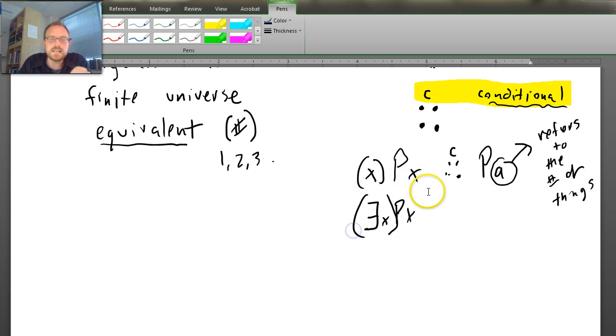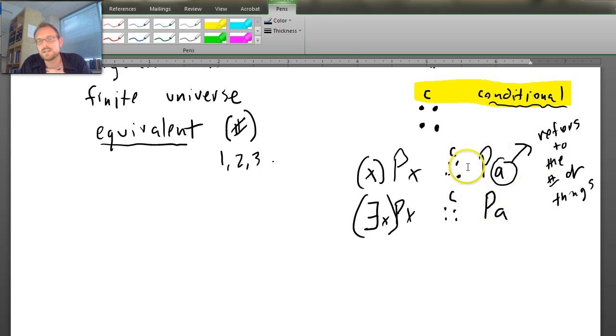Same thing goes here with the existential. If I have a particular statement function, what is that going to look like? It's going to be the same, because there's only one thing in the universe. If I say all things are Abigail, that's what this says. And if I say that some things are related to Abigail, that's this thing as well.